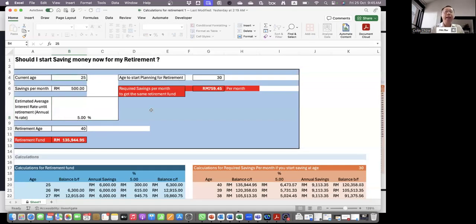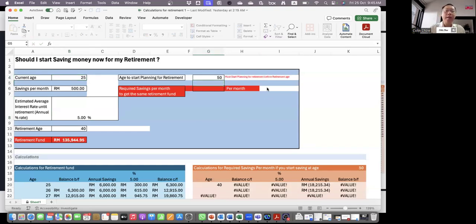Let's say this person is age 25 now, and he plans to retire at age 50. A lot of young people now talk about early retirement plans.